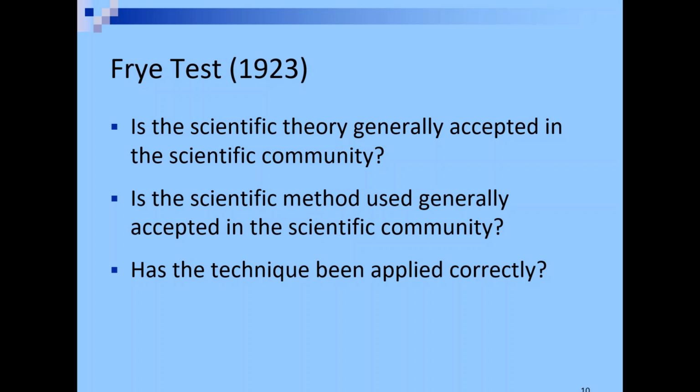Well, the judge looks at that evidence and asks these following questions. Number one, is the theory generally accepted in the scientific community? Okay, the theory for bite marks would be that, number one, if you bite somebody or something, the impression of your teeth is going to be transferred to the item. And also, the theory is that people's bite marks don't change over time and that they are specific to an individual. Okay.